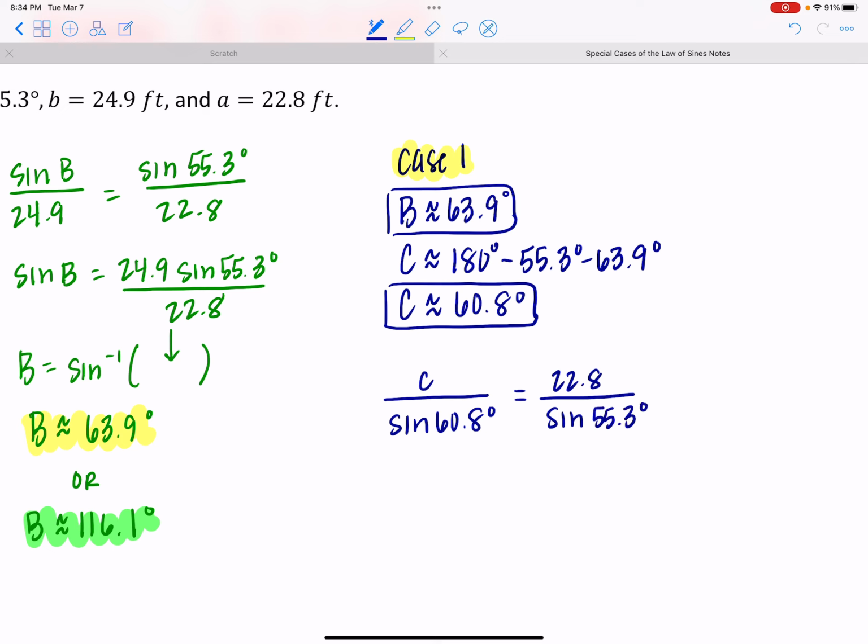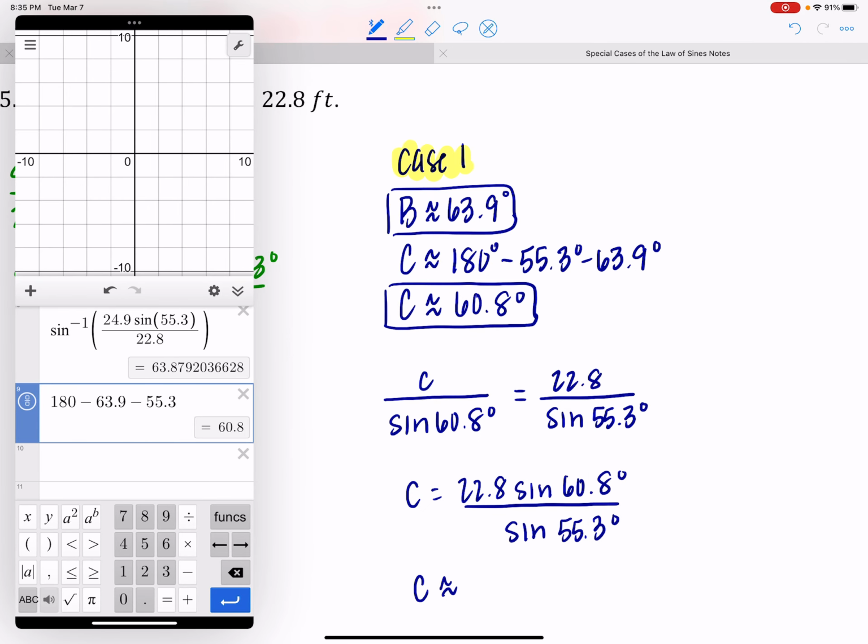And so multiplying by the sine of 60.8 is going to give me the exact value for C. So 22.8 times the sine of 60.8 degrees in the top of the fraction, and the sine of 55.3 in the bottom of the fraction.